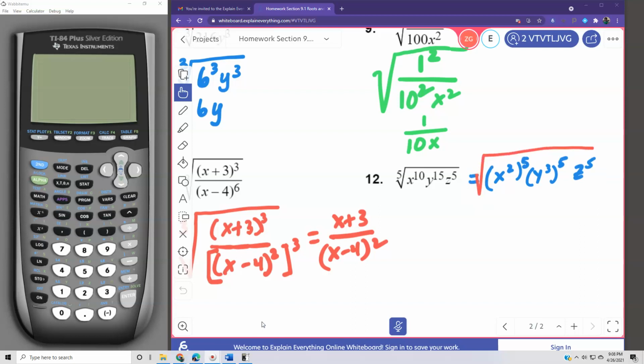And by default, not the square root, I'm sorry, the 5th root. So you're going to get the 5th root of x squared raised to the 5th power, which is just x squared. You're going to get the 5th root of y to the 3rd raised to the 5th power. It's y to the 3rd. And then you're going to get the 5th root of z to the 5th, which gives you z.